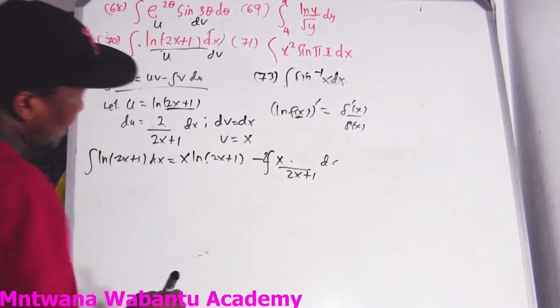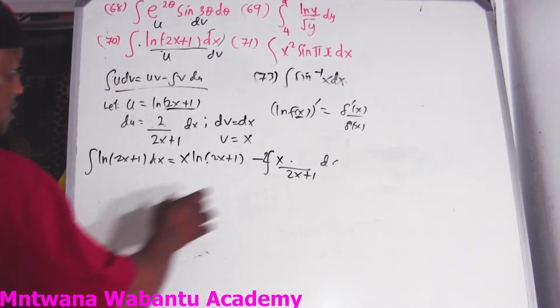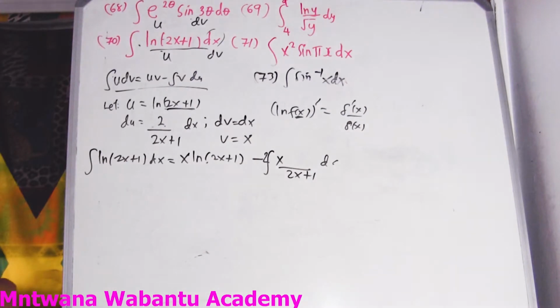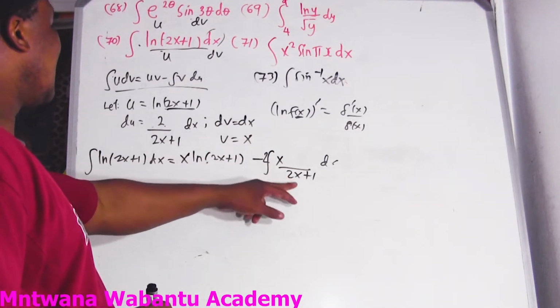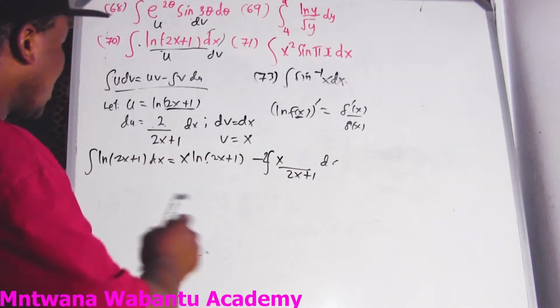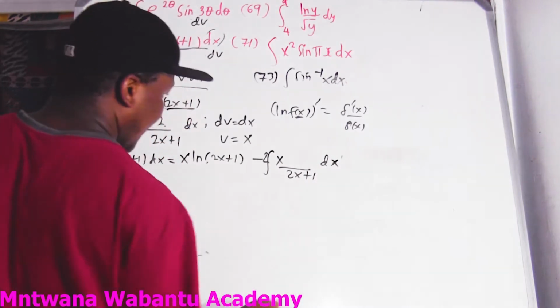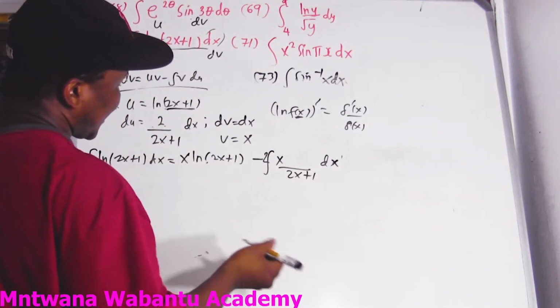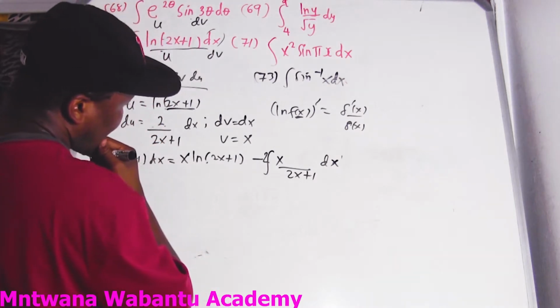Okay. This one here, how are we going to do it? So we have x, and the 2 takes to the front. Now how are we going to conquer this one? Just a second. Which method can I use for this one?